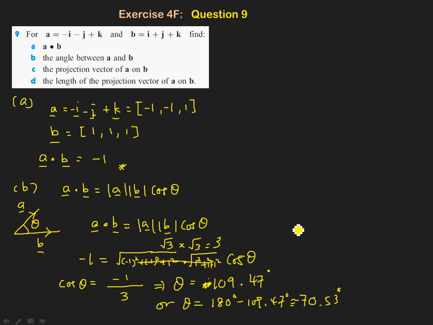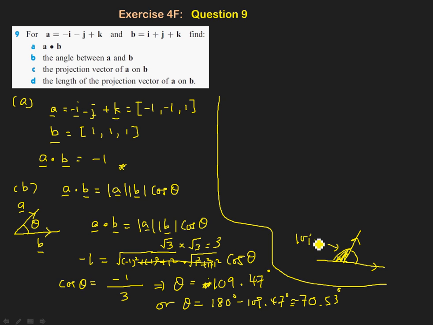So that's two ways to look at it, because A and B behave like this. So A here, we have B here, and there will be two angles that you get from the calculation. This obtuse angle here is 109.47, whereas this acute angle is 70.53. That's what it means. So both give us an idea about the angle between the two vectors.